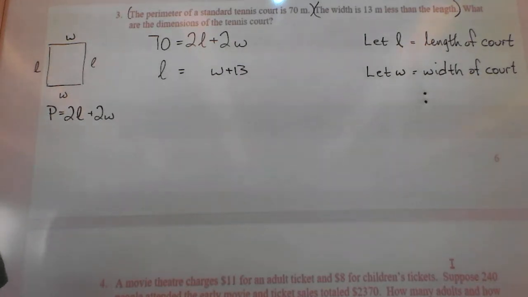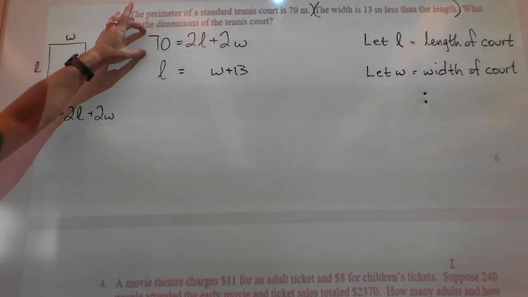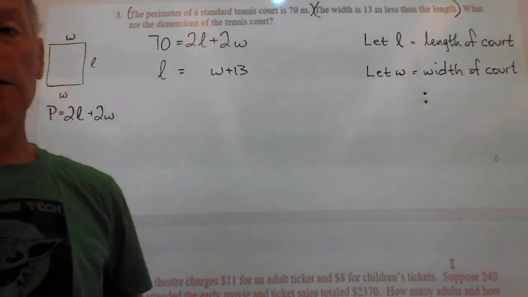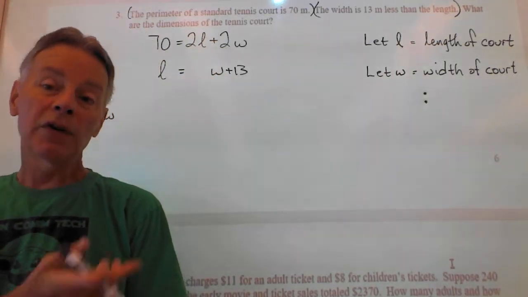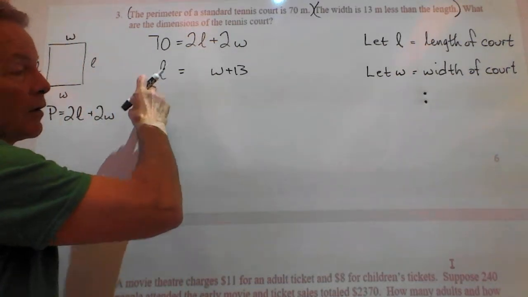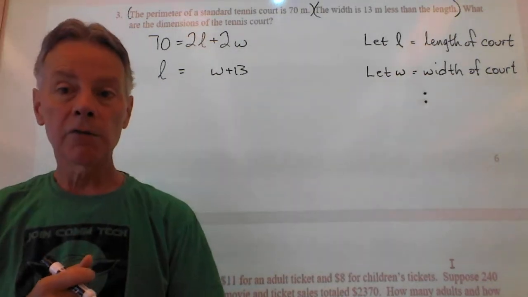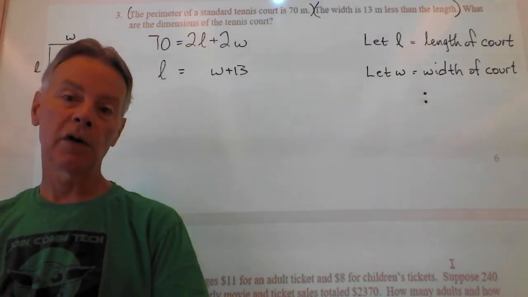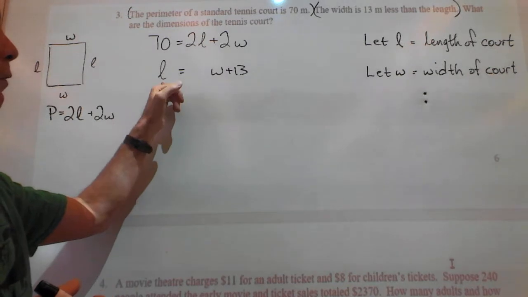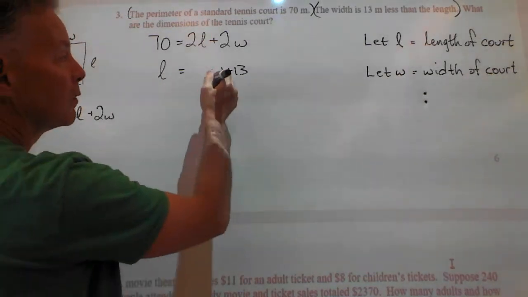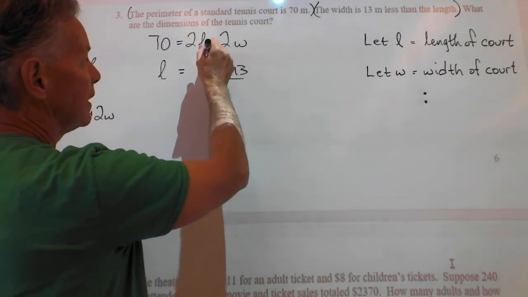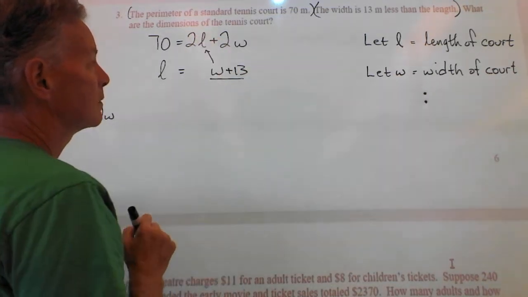Okay? So, the first one talks about the perimeter, the second one compares the actual size of length and width. And what's nice about this is we already have our variable isolated, right? Remember, that's the first step in solving by substitution. We want to isolate a variable in one of our equations, then we're going to take that expression and substitute it into our other equation, okay?